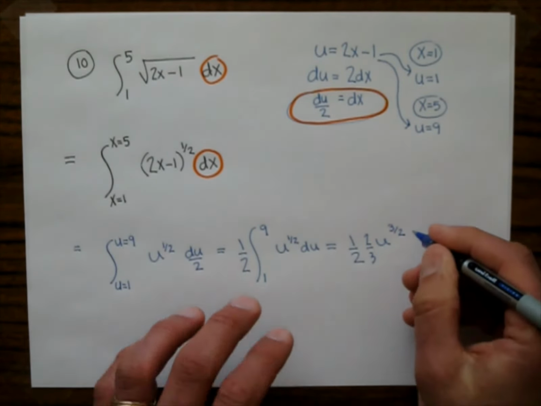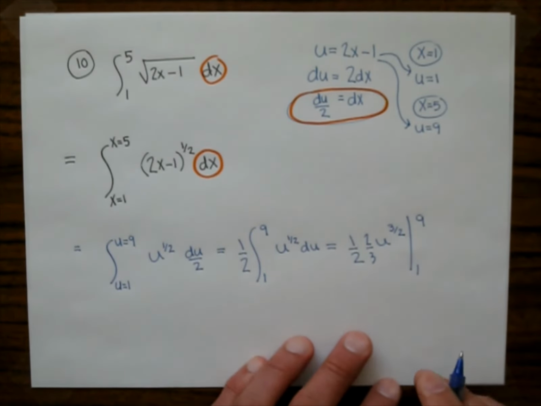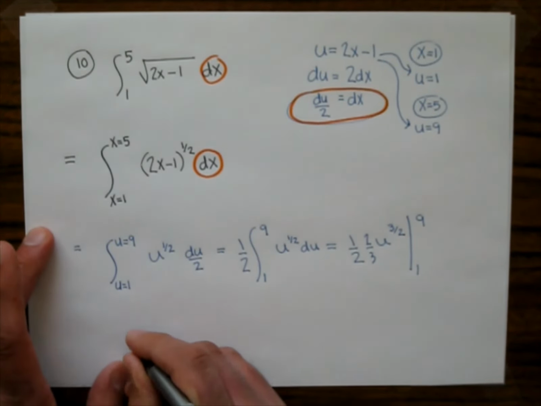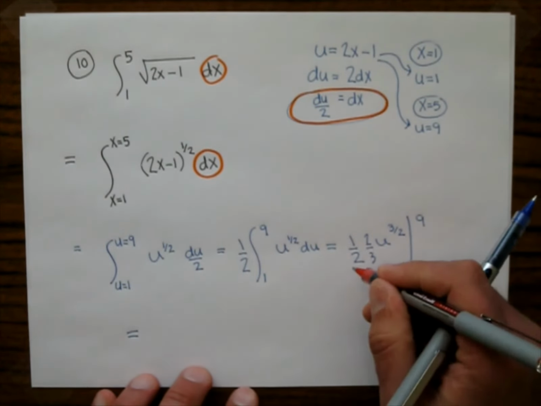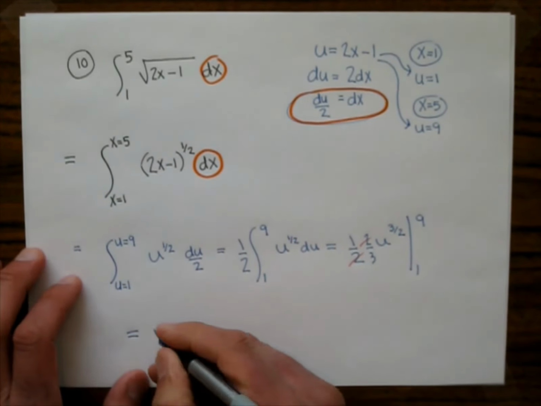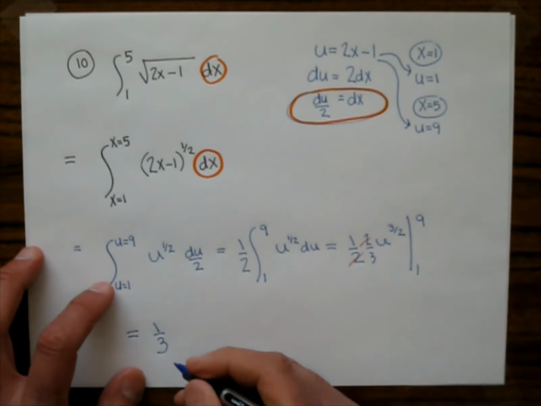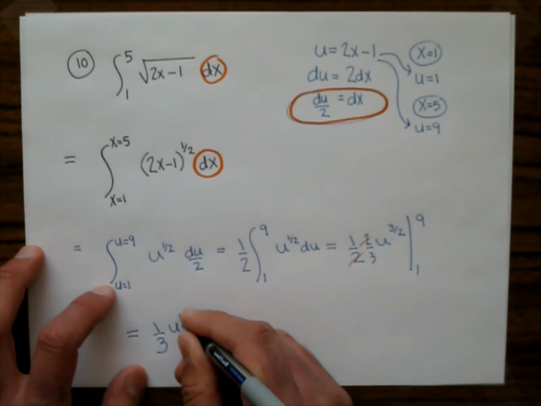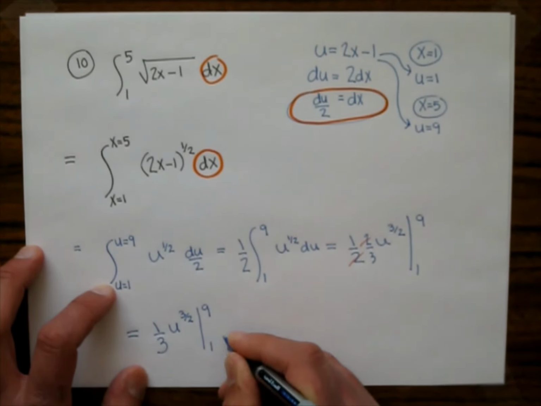And this is now going to be evaluated from 1 to 9. Now evaluating it from 1 to 9, first of all, let's cancel the 2's. We have 1/3. And now, let's just write this out. 1/3 u to the 3/2, evaluated from 1 to 9.